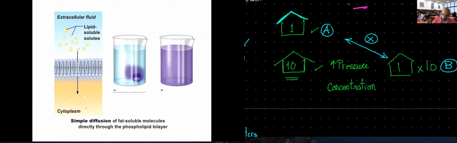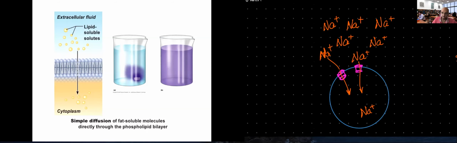No. Here, is this sodium passing from high to low or low to high? It's passing from high to low. So do I need to pay you to get in the cell? Yes or no? No. So you don't need to consume energy in order to allow the sodium in.